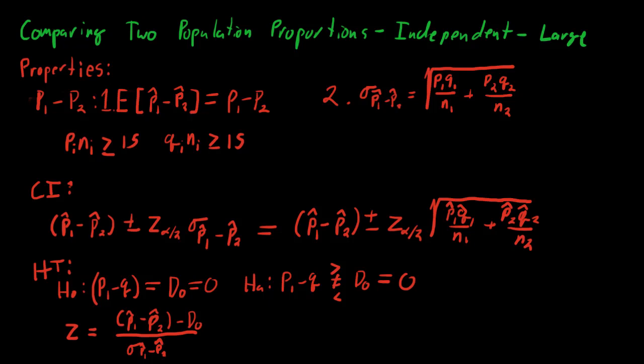This sigma is the same as the one we used above. If we need to calculate sigma, we substitute in the hats instead of the standard P1, Q1, P2, Q2, so P1 hat, Q1 hat, P2 hat, Q2 hat. Then we just calculate that out and do the same standard hypothesis test that we would normally do, and there should be no significant surprises as we walk through these various calculations.